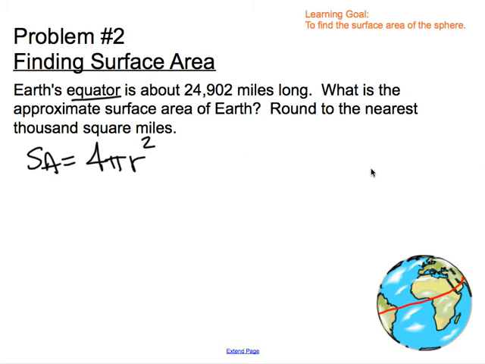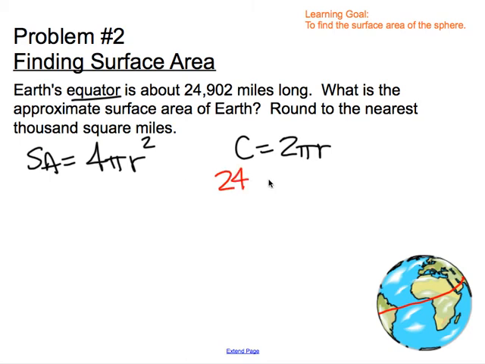But the equator of the Earth is not the radius. In fact, the equator goes around the Earth, so what we're talking about is circumference. So if you remember, circumference is 2 times pi times the radius. So we can use this to solve for the length of the radius.